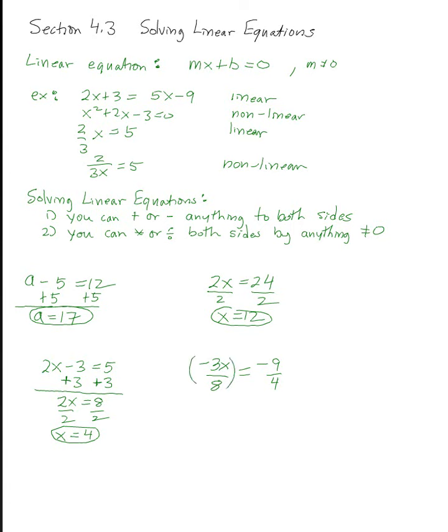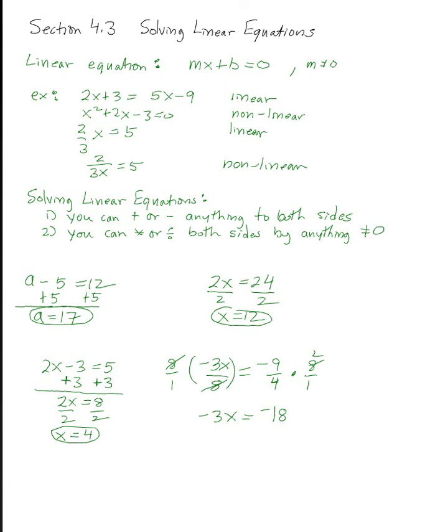So I'm going to take both sides of this equation and I'm going to multiply it by that common denominator, but I'm going to think of it as 8 over 1 because I like to have fractions with fractions. All right, so I multiply by the common denominator. This 8 cancels this 8. I just have minus 3x. And over here, this 8 and this 4 reduce to be a 2. I get minus 18. There's my reason for multiplying everything by the common denominator. When I multiply everything by the common denominator, it makes all of the fractions disappear. And students usually tell me that's a really good thing because they don't like fractions very much.